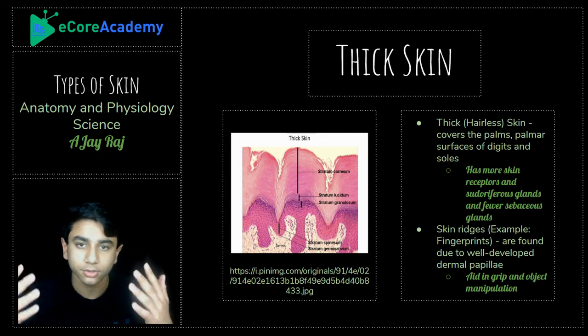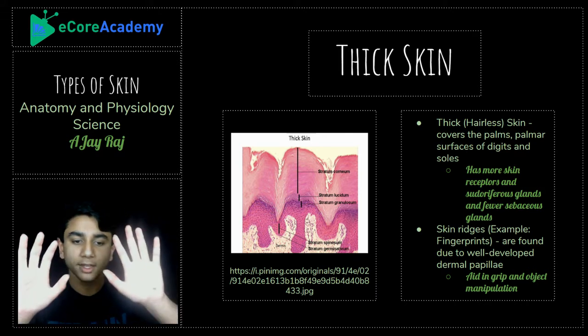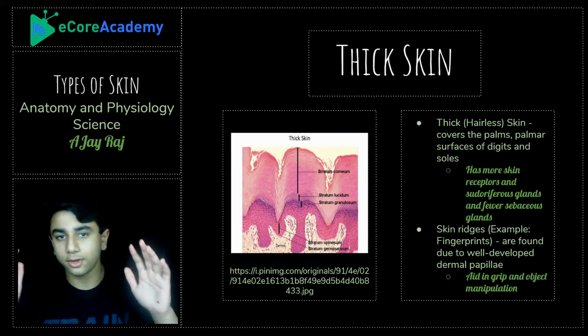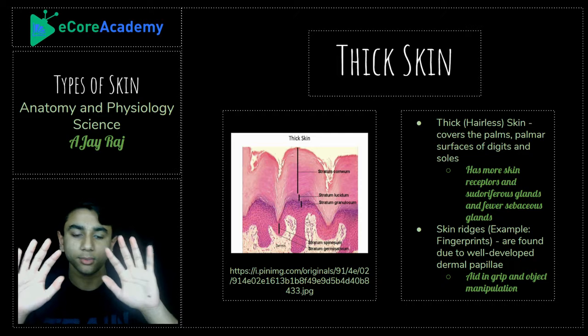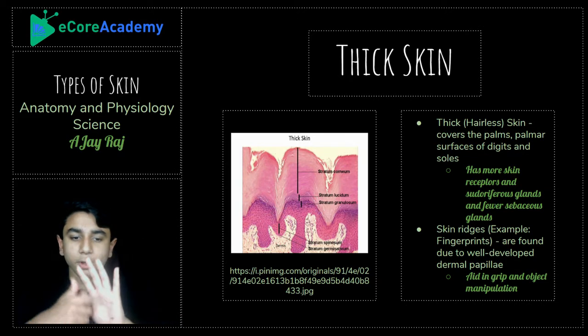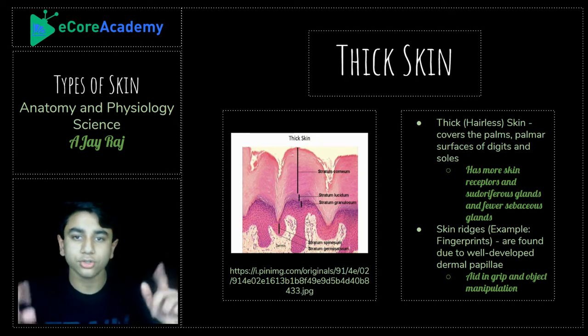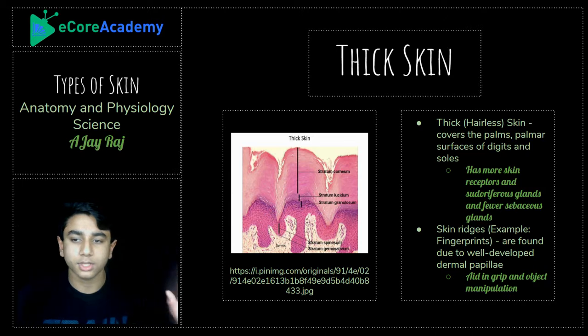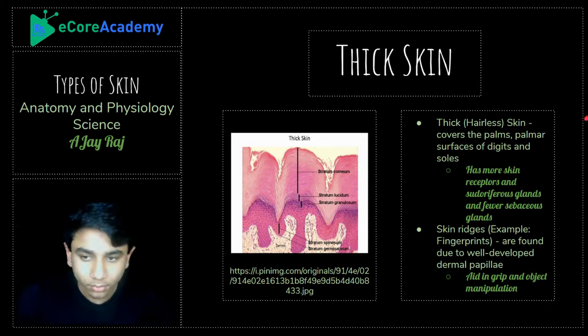Those are your fingers and your toes. And it's the inner side facing either your sole or your palms, depending on whether it's your fingers or your toes. And those are the areas which are hairless. So just to recap, your palms, palmar surfaces of all your digits, and your soles of your feet, so the bottoms of your feet, are all thick skin, which means they're all hairless skin.